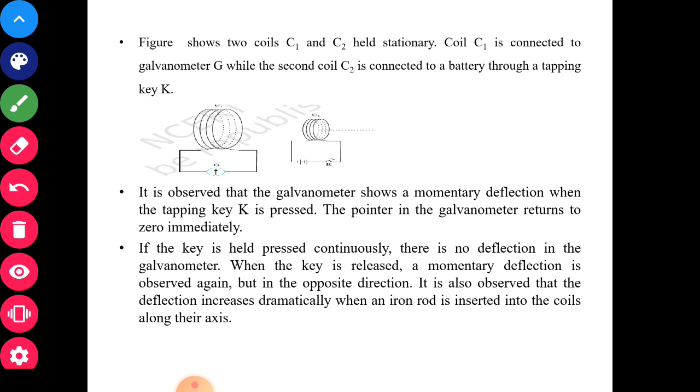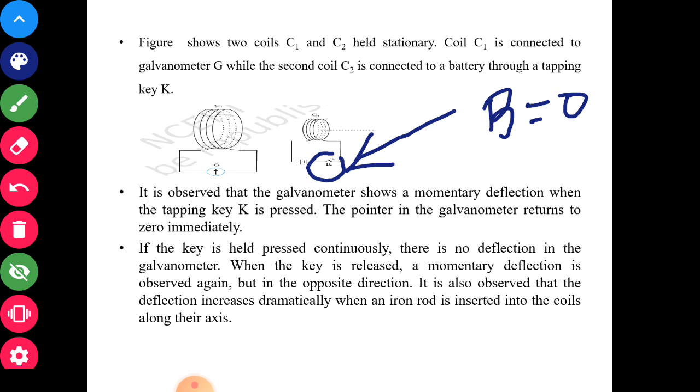Now let me try to explain what happens when you press this key. Initially, when there was no current, the magnetic field was zero, so no magnetic field lines were associated with this second coil as well as this first coil.